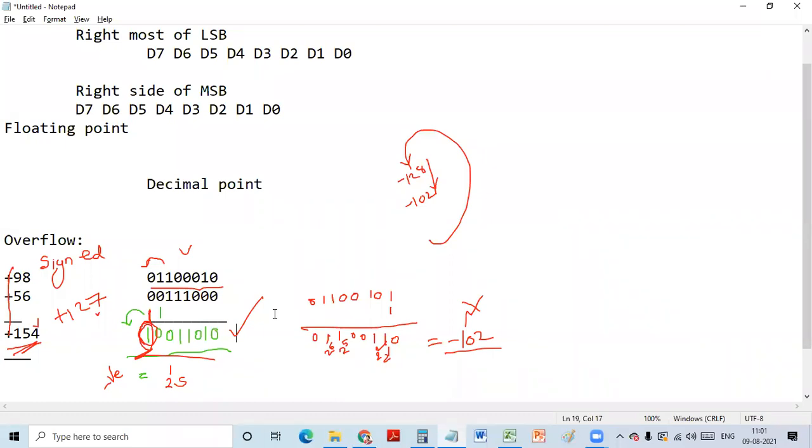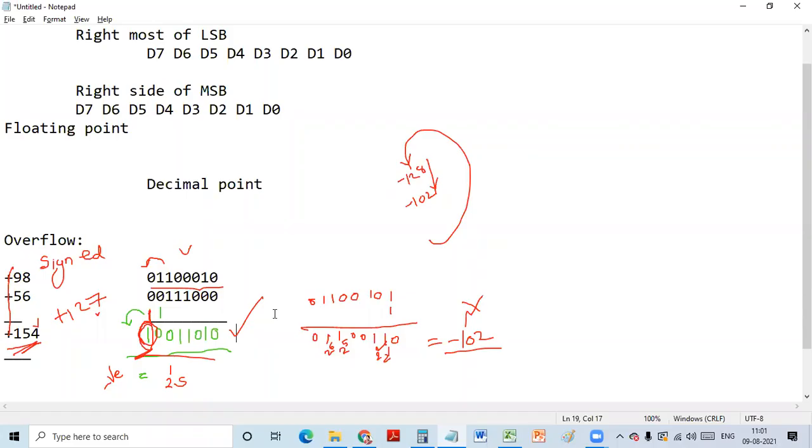Overflow occurs only in case of signed numbers. In case of unsigned numbers, whatever extra bit is coming out, we call that a carry, but in the signed case, we call this overflow, right?